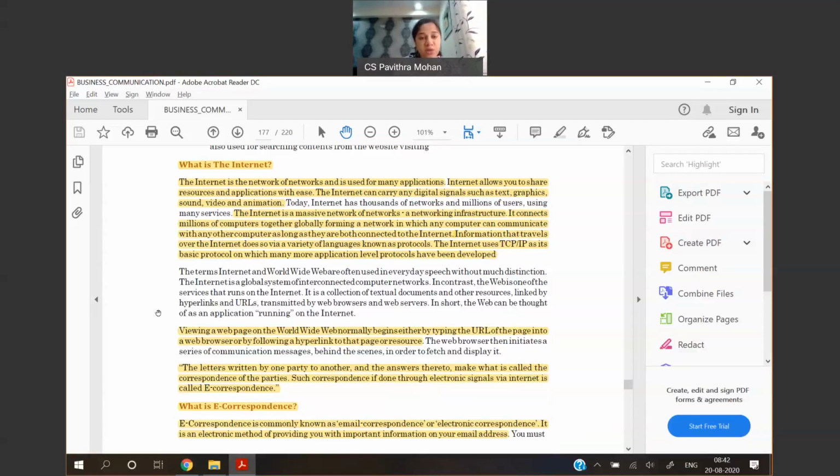So how does internet work? Internet is a platform which helps one computer to speak with another computer and grasp the information, or one computer to speak with the server computer and grasp the information. The language used here is either TCP or IP, Transfer Control Protocol or Internet Protocol.